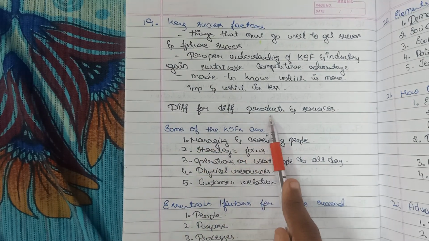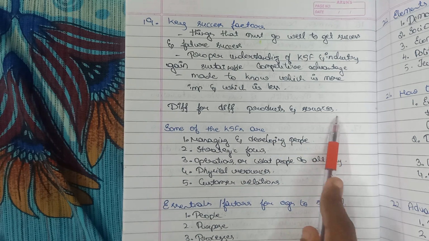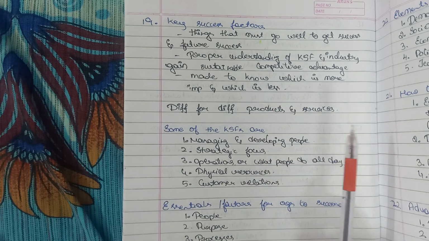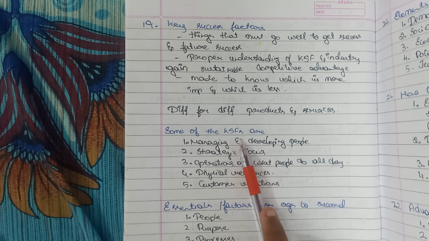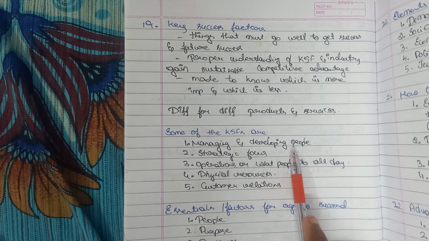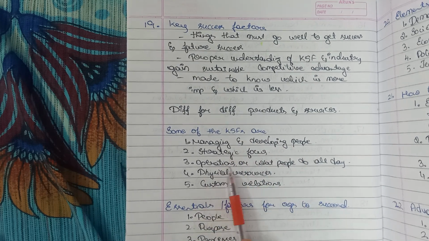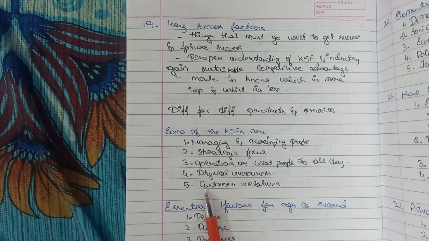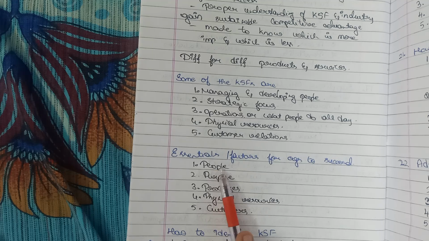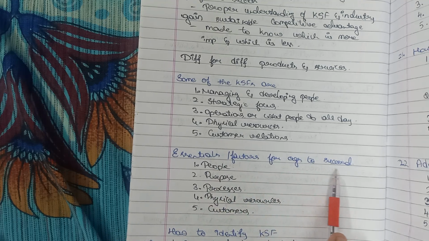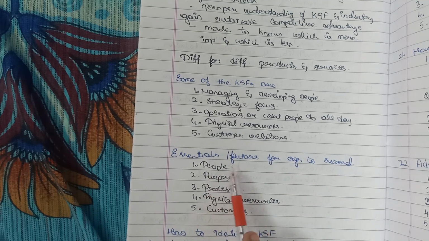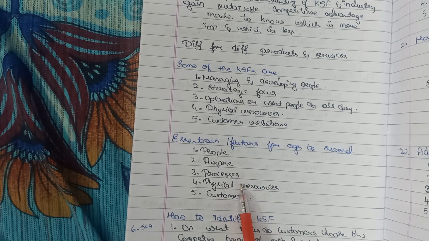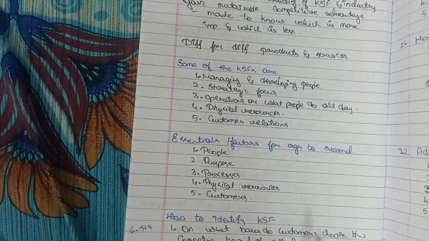It will be different for different products and services. Some of the KSFs are managing and developing people, strategic focus, operations or what people do all day, physical resources, customer relations. Essentials for an organization to succeed are people, purpose, processes, physical resources, and customers.